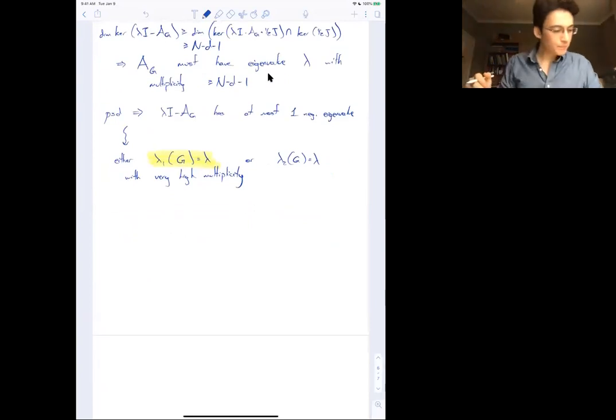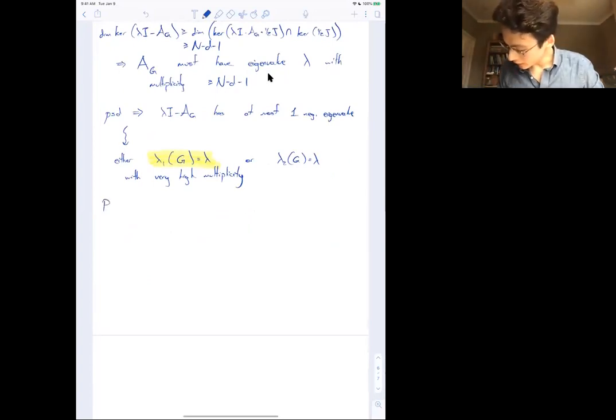Okay, so we can start with the top eigenvalue case. And this is pretty straightforward due to the Perron-Frobenius theorem, which says, among other things, that the top eigenvalue of a connected graph occurs with multiplicity 1.